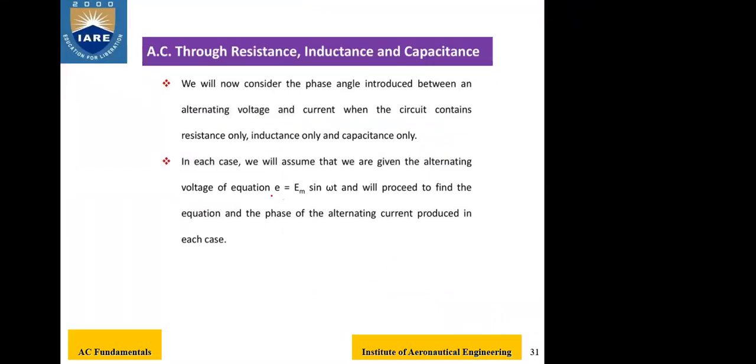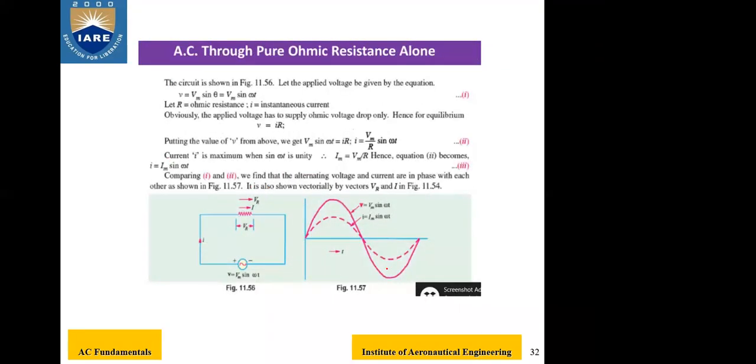Now we are considering a voltage waveform V is equal to Vm sin omega t. If an AC voltage is given to a resistor, then what happens? We will see here. The AC waveform is given as an excitation for the resistor.